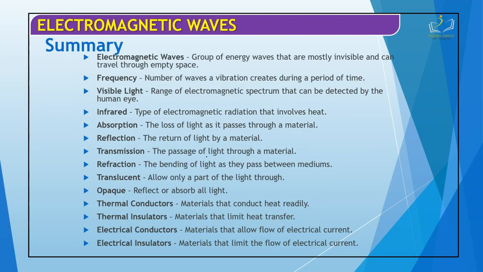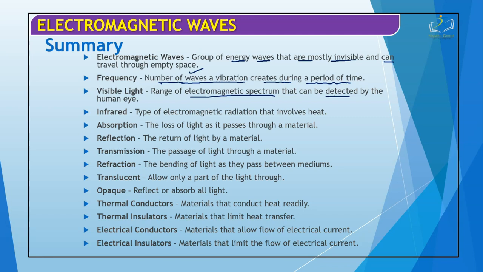Next, let me take a short summary of what an electromagnetic wave is and what its nature is. Electromagnetic wave is a group of energy waves that are mostly invisible and that can travel through empty space also. Frequency: the number of wave vibrations created during a period of time. Visible light: a range of the electromagnetic spectrum. Later we will see what the electromagnetic spectrum is in the next video, so for more detail, please look at that video also.